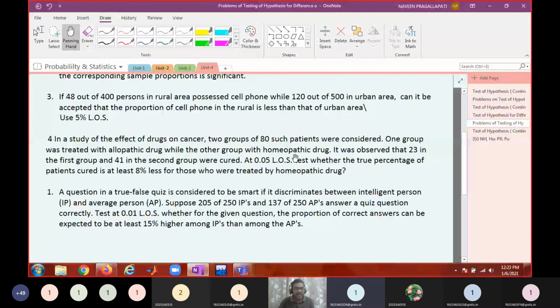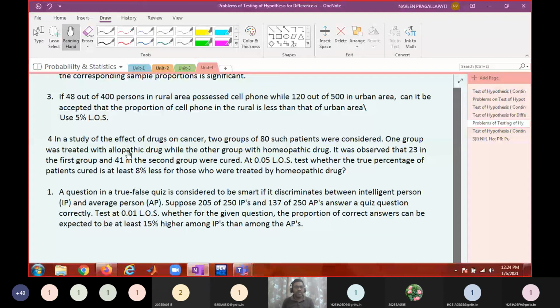Homeopathy, right? 41/80 cured, and this is 23/80 only, which is less compared to homeopathy. So at the 5% level of significance, we have to test whether the allopathic drug is treating at least 8% less than the homeopathic drug.